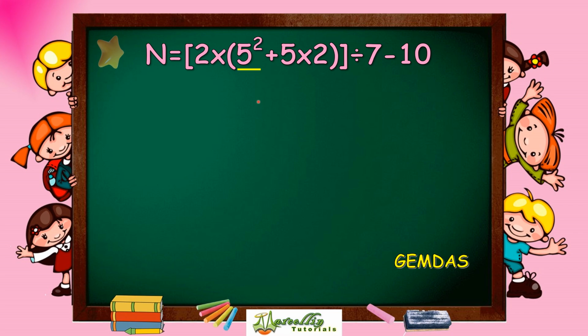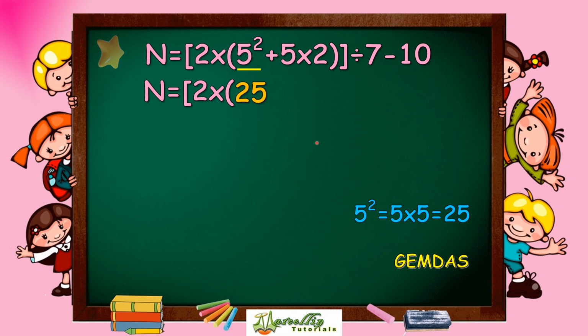Let's copy first the numbers on the left. Then, our 5 squared is actually 5 times 5 equals to 25. So, let's put 25 here, then copy the rest of the numbers on the right.